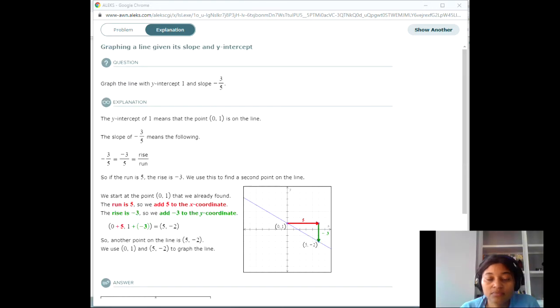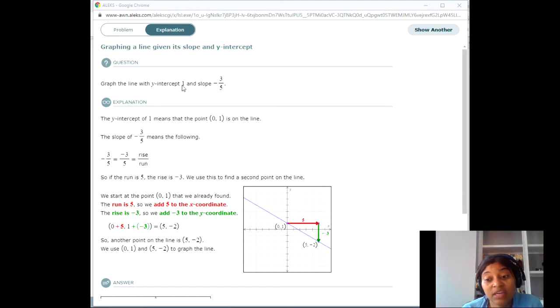Graphing a line given its slope and y-intercept. Graph the line with y-intercept 1 and slope -3/5. Okay, when you have just one number and it says y-intercept 1, that means they're giving you the y already.